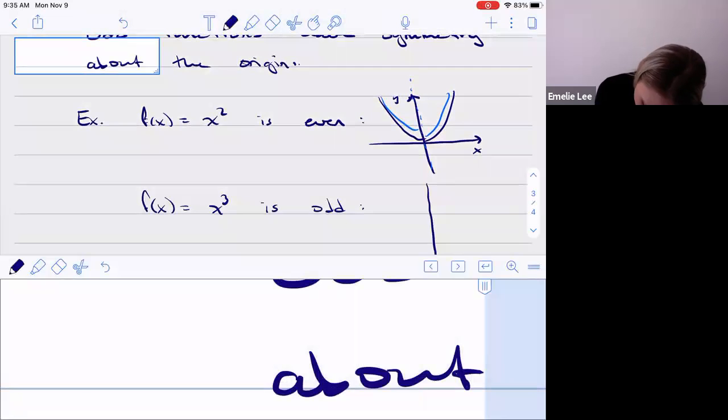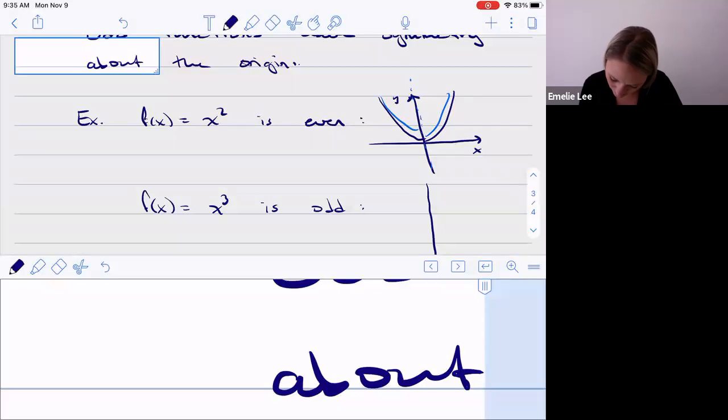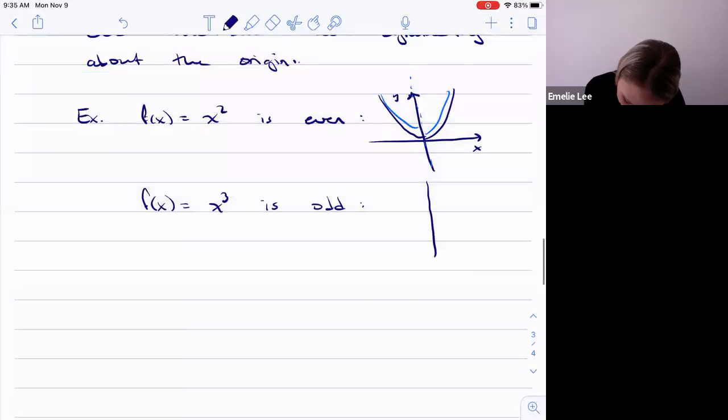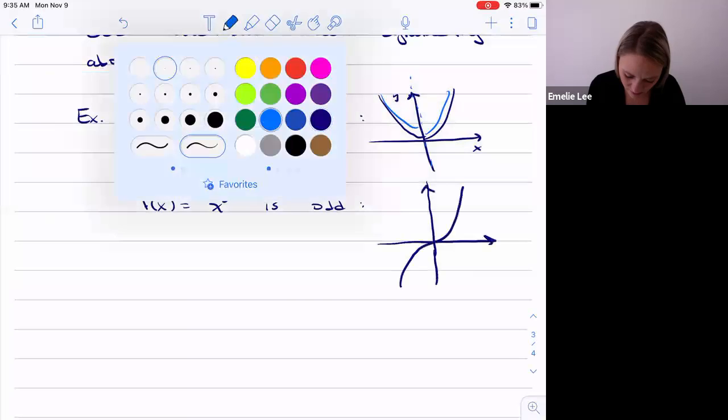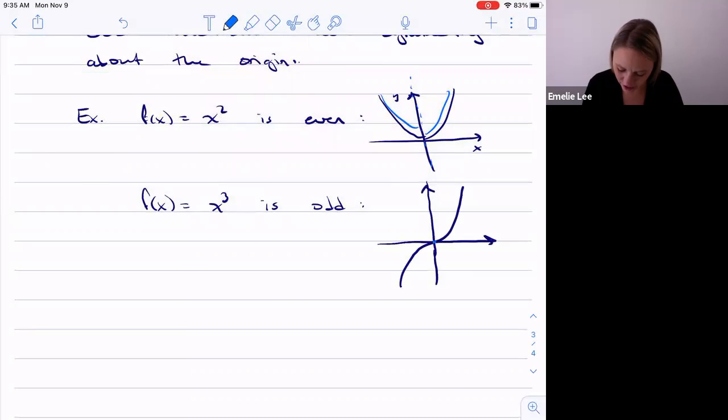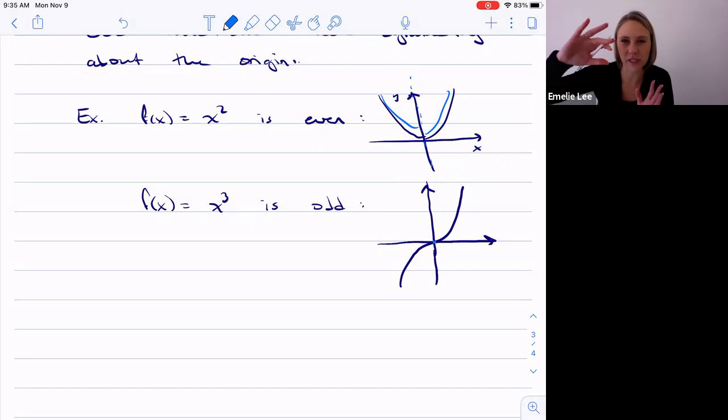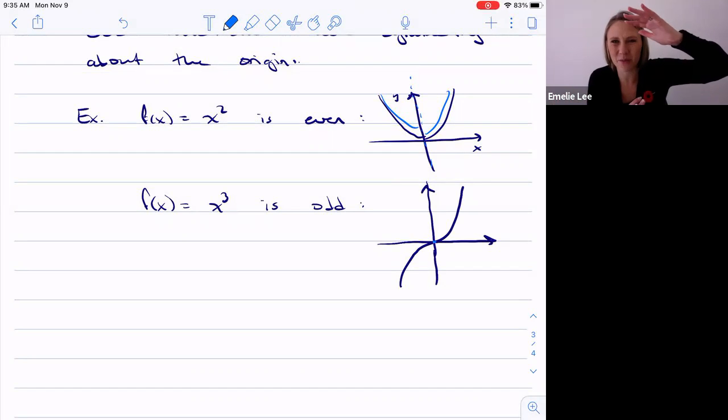And remember what it looks like is you have this kind of, and so here's the origin and where you have the symmetry, so you can kind of swing it around.